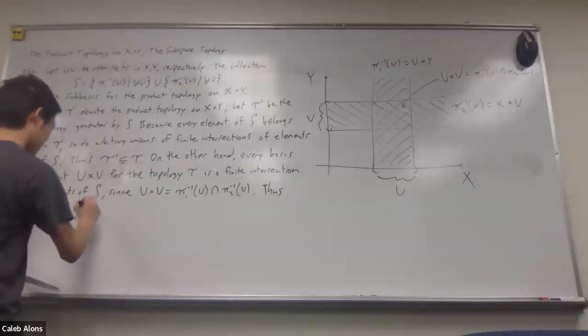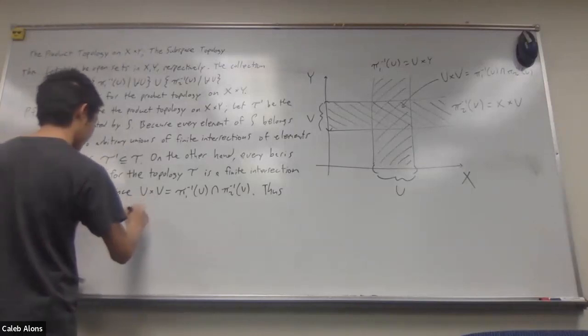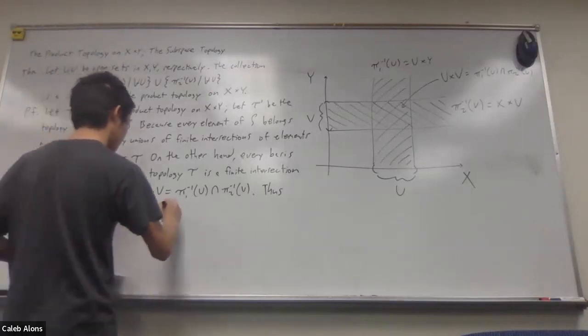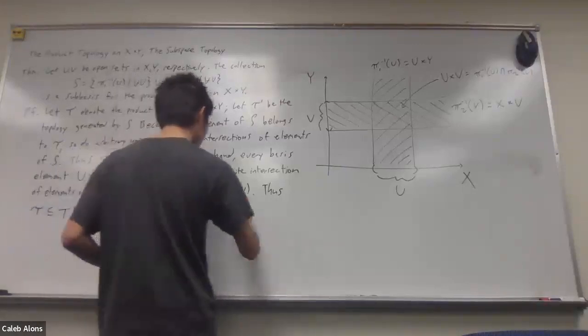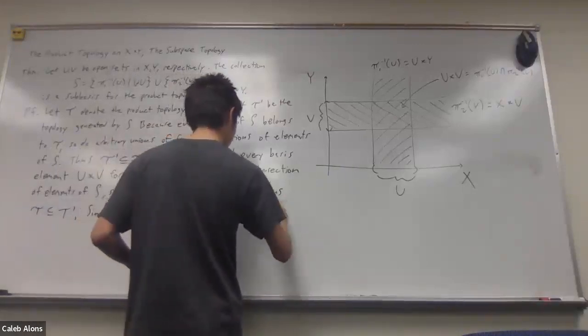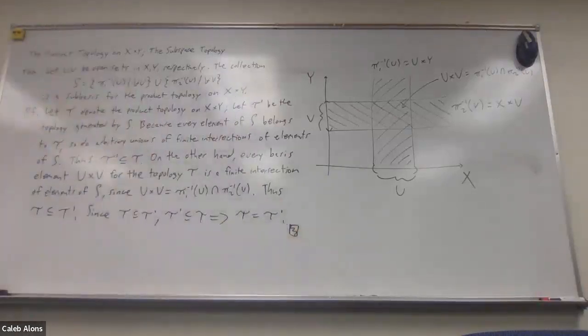And since T is finer than T prime and T prime is finer than T, then the topologies are the same. So that's the work that we do on product topology for just X cross Y, and then we return to generalize.